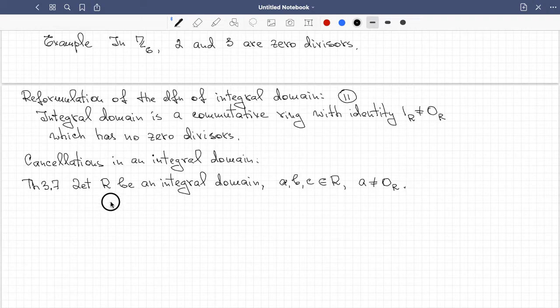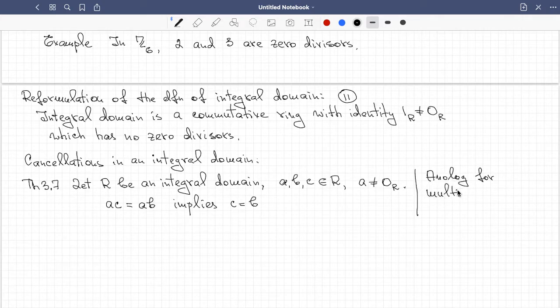We have that AC equals AB implies C equals B. This is an analog, for the operation of multiplication, of theorem 3.4, which claims a similar property for addition.